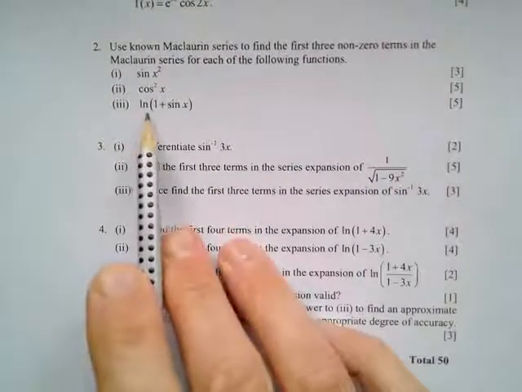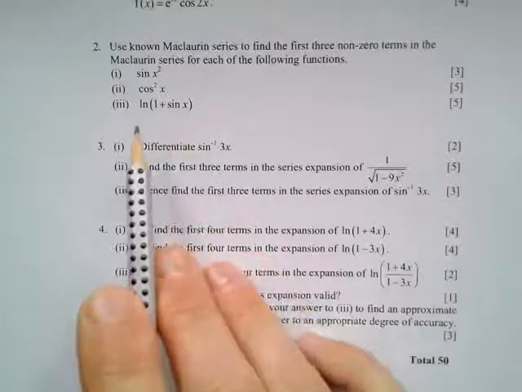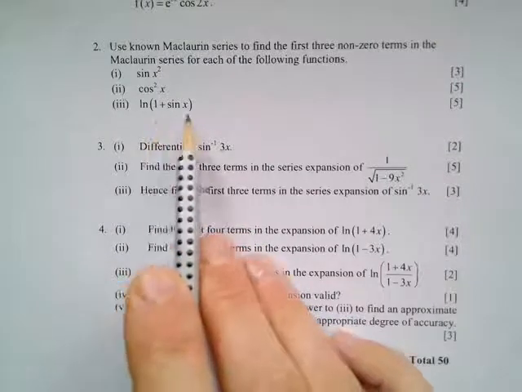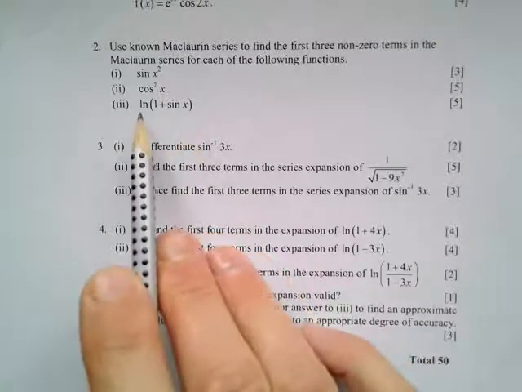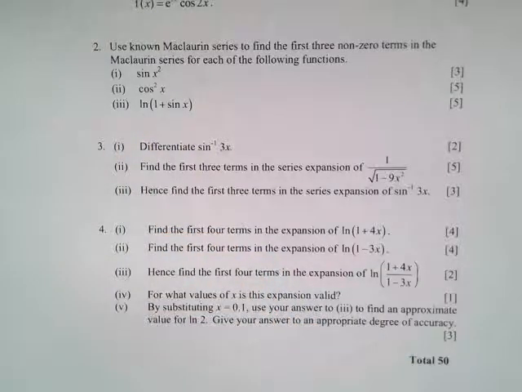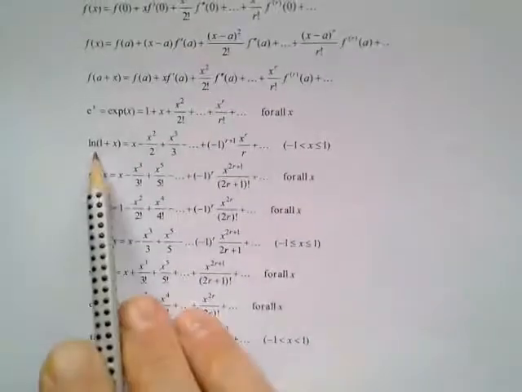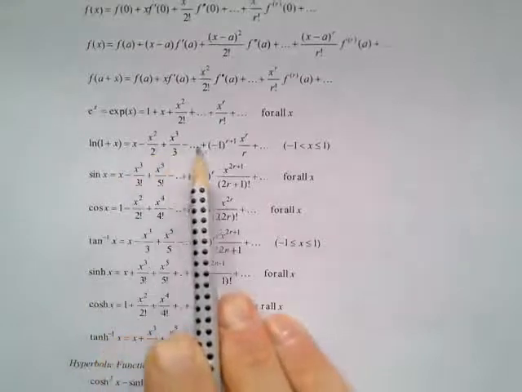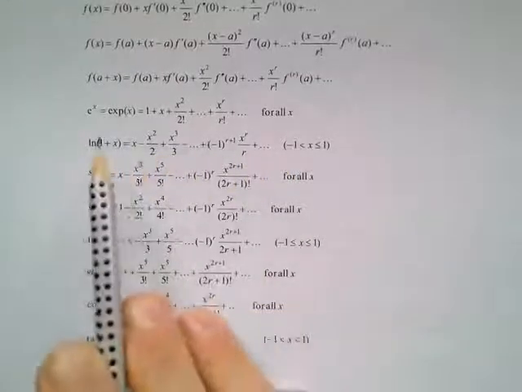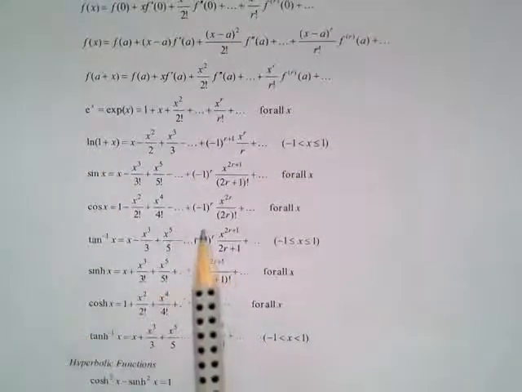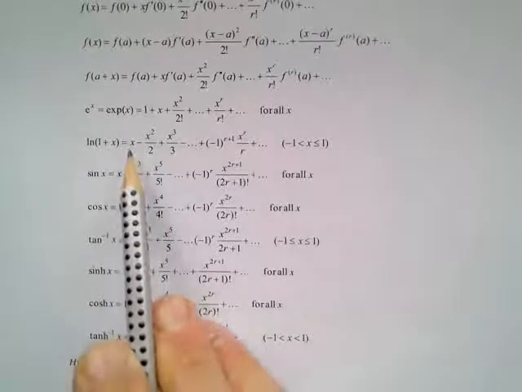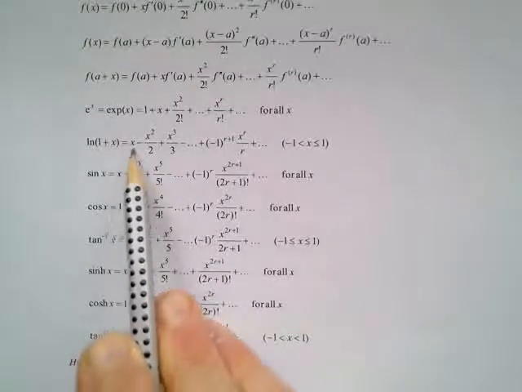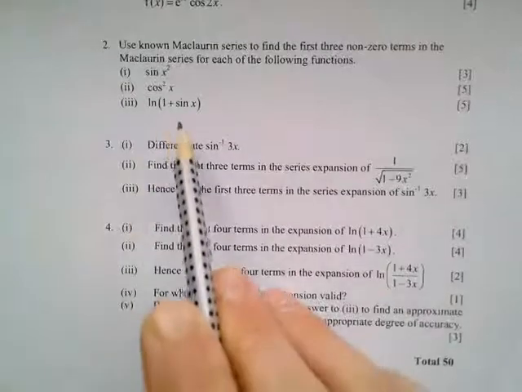And then for the last one, this is another fun one. The ln of 1 plus sine x is done by using the standard expansion of ln of 1 plus x, which is this. And then, you're going to love this, for each of the x terms, you replace it with sine x, like that.